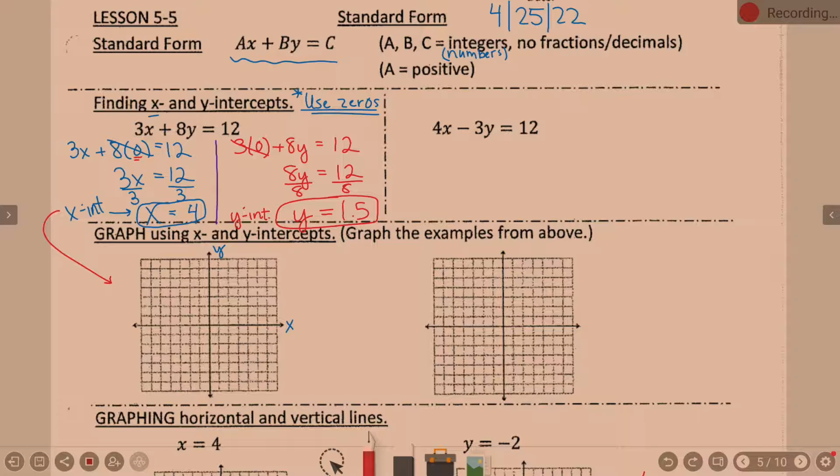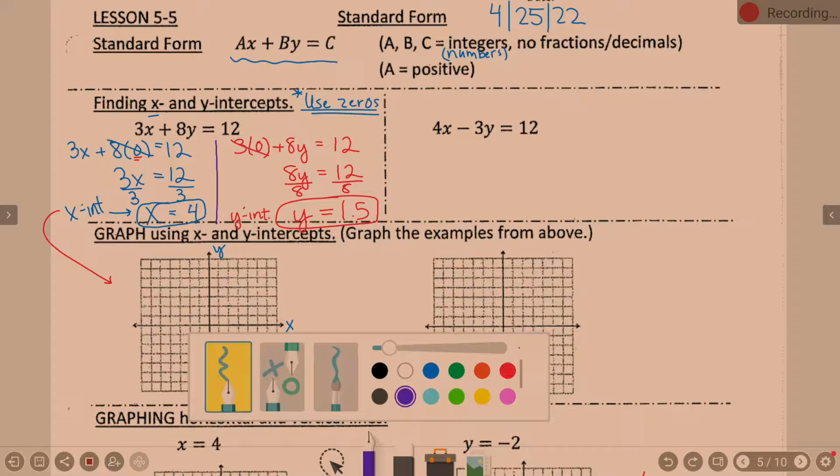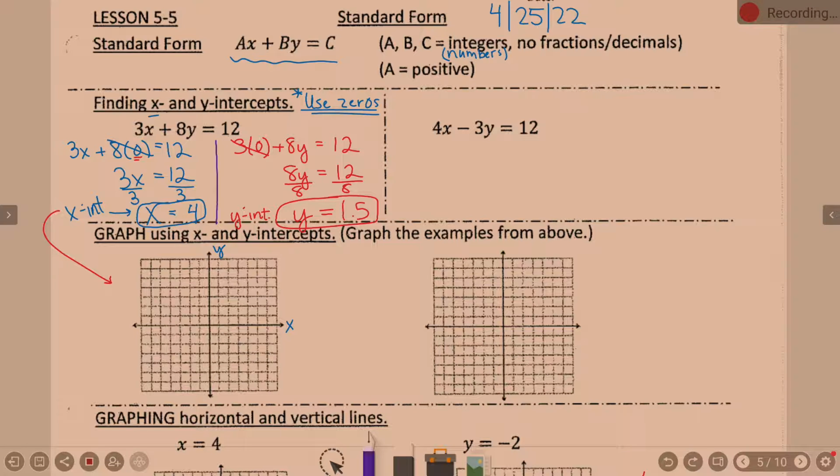I've already got my x-axis and y-axis labeled. We had an x-intercept of 4. Where's the x-axis? We're going to go over 4 on the x-axis because it is an x-intercept.